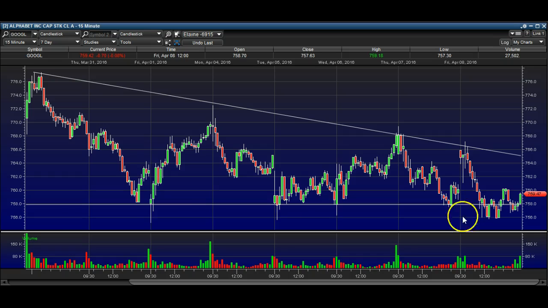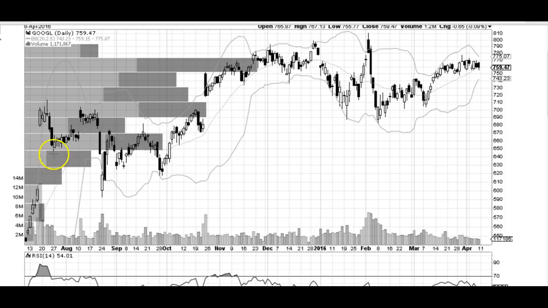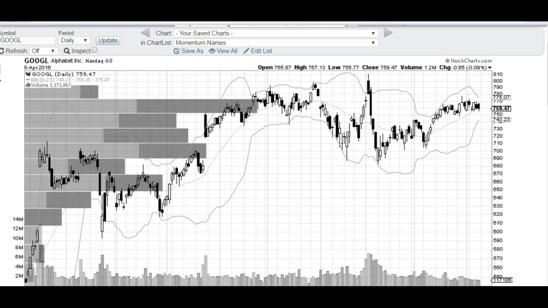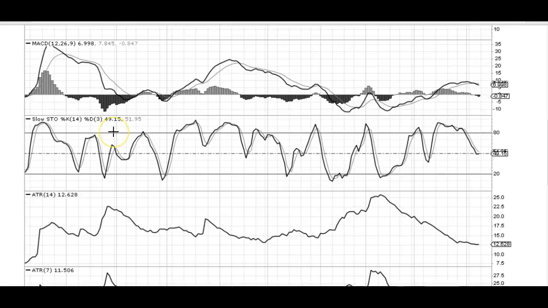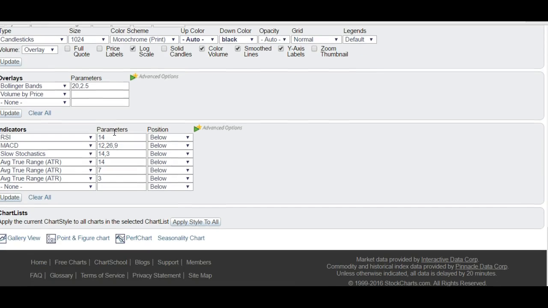So for example, I use stockcharts.com to get my average ranges. This is the Google daily chart here, and if you scroll down at the bottom here, average true range. And you can choose any period of time in here. So I have 3 days, 7 days, 14 days.